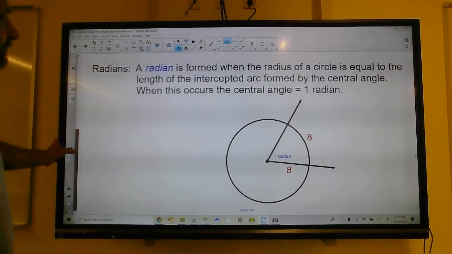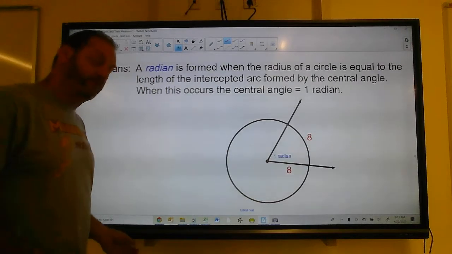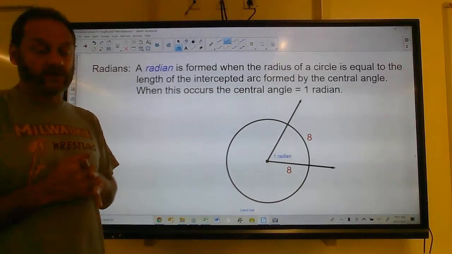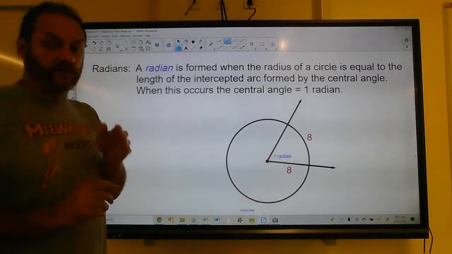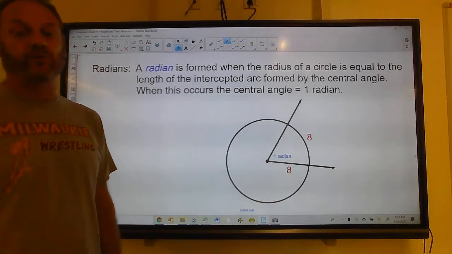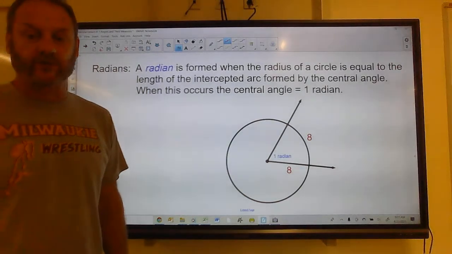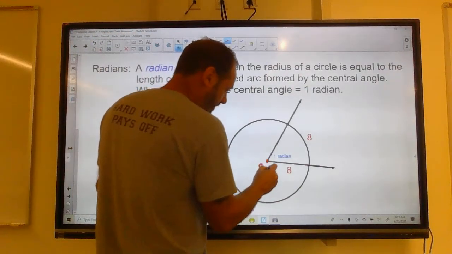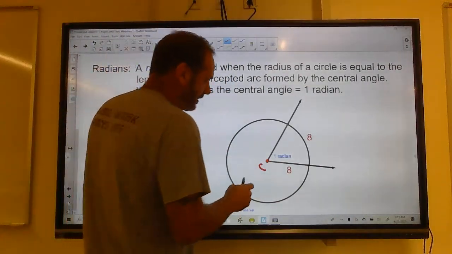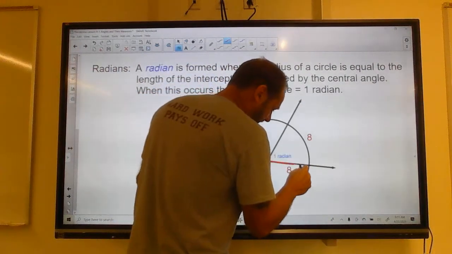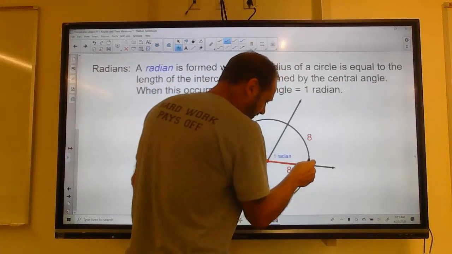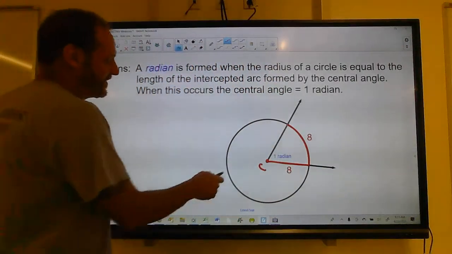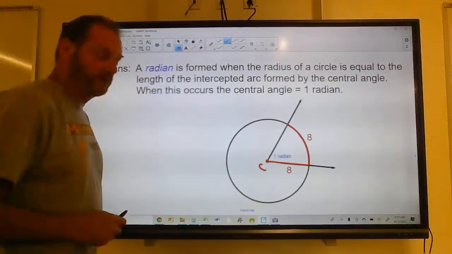All right, this is important because you probably always measured in degrees up to this point, and we're going to do most of our work in radians. A radian is formed when the radius of a circle is equal to the length of the intercepted arc formed by the central angle. So if this is the center, C, when this length is equal to this distance around the arc, then this angle is 1 radian.